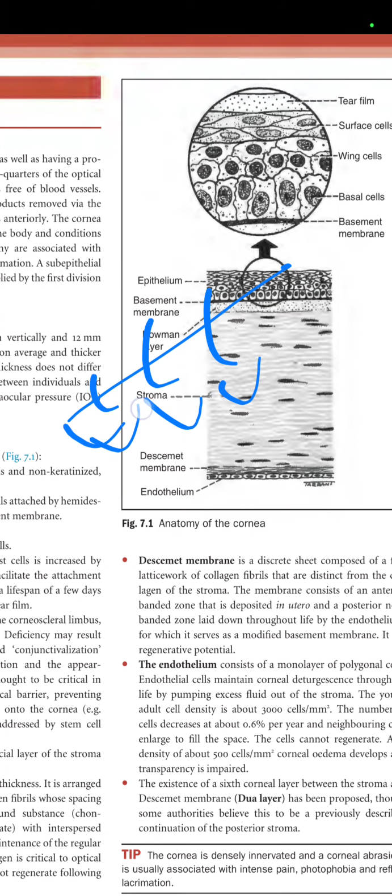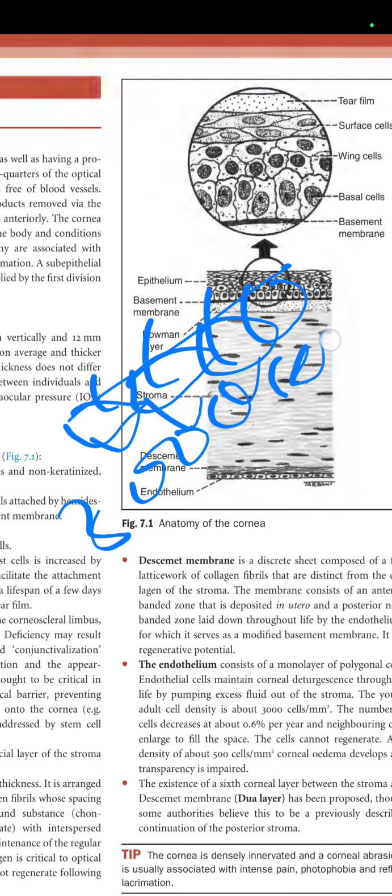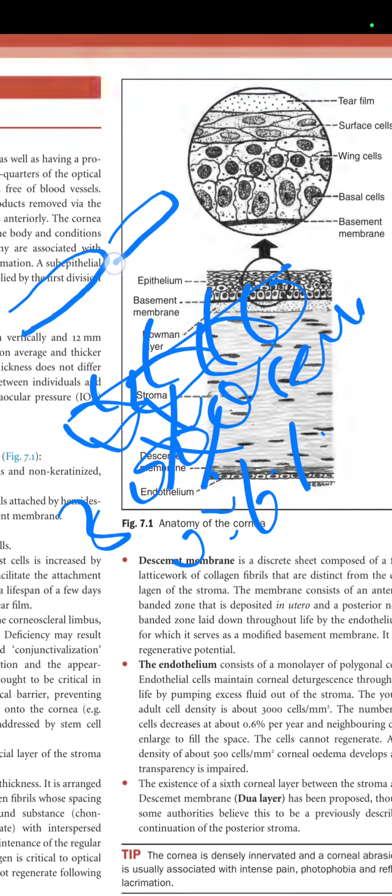So these cells have a high density in adulthood, about 3000 cells, and they decrease by about 0.6% per year. If any of these cells is damaged, the neighboring cells enlarge and fill the space of the lost cell.